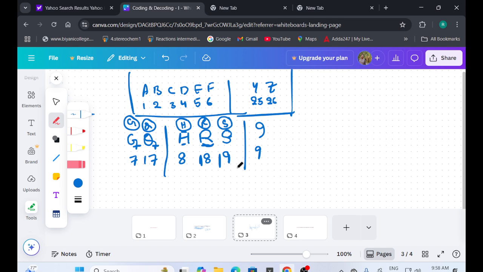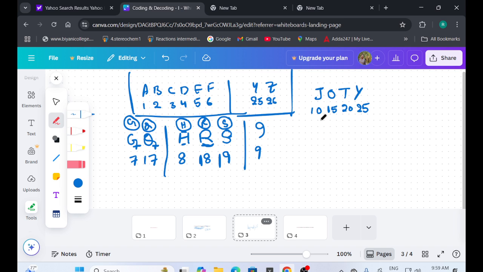Then let's say you have a friend, name is Jyoti. Now J is 10, O is 15, T is 20, and Y is 25.